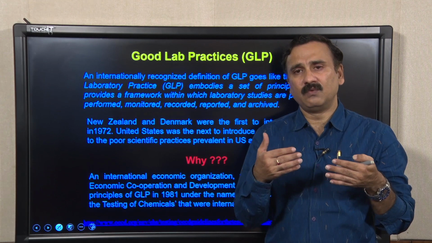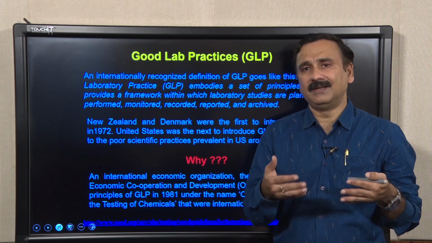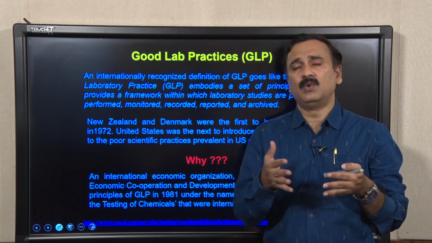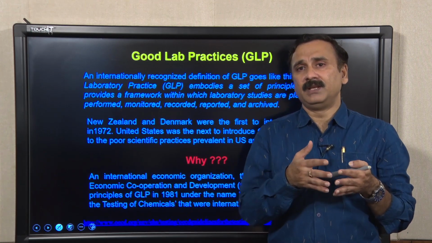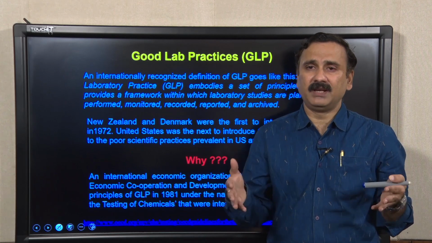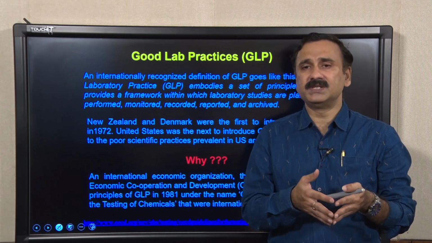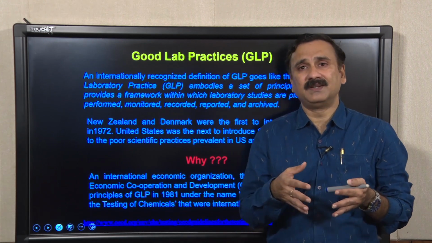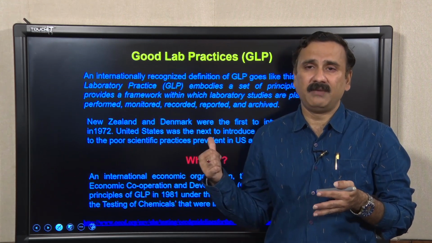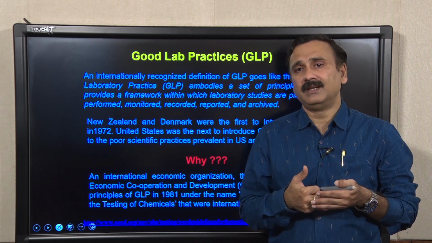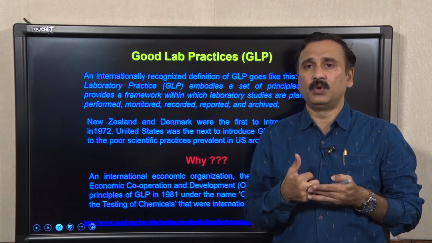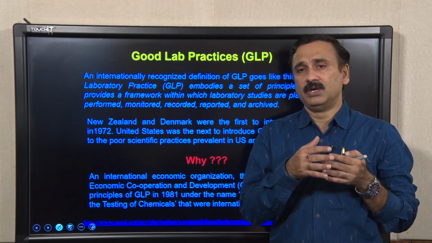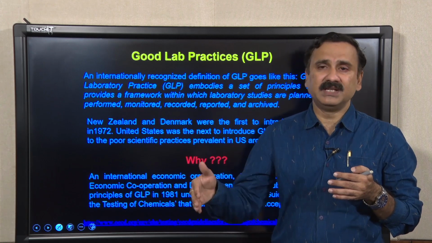When you follow good lab practices, you document each and every observation, and you use a complete list of materials, methods and experimental procedures in your notebook. We discussed in detail that you should maintain a very neat and clean notebook, where you start with the objectives.